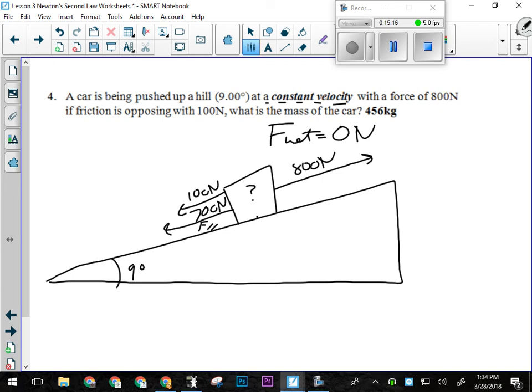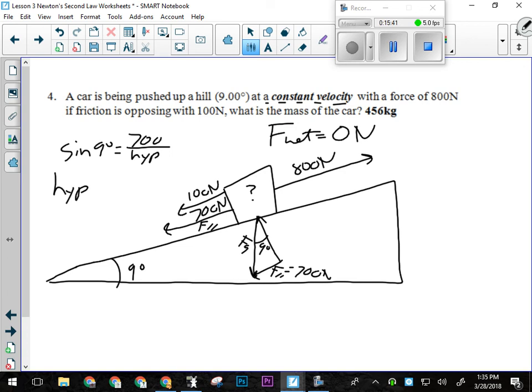Now I can figure out what the force of gravity is on this mass, which will help me to figure out what the mass is. I know F parallel is 700 newtons, and I know the angle here is 9 degrees, so I'm looking for the hypotenuse. So the sine of 9 degrees equals 700, the opposite side, divided by the hypotenuse. To get the hypotenuse, I'm going to cross multiply with the sine of 9 degrees. So hypotenuse equals 700 divided by the sine of 9.